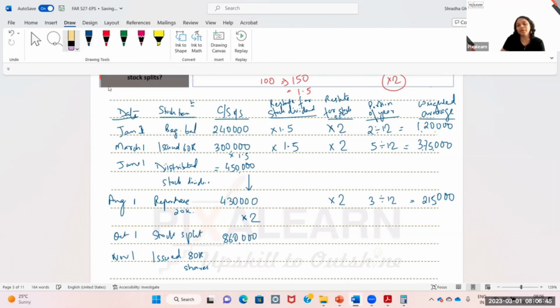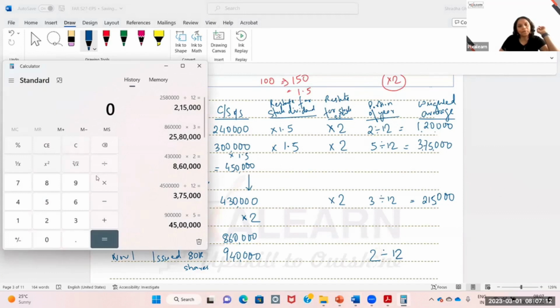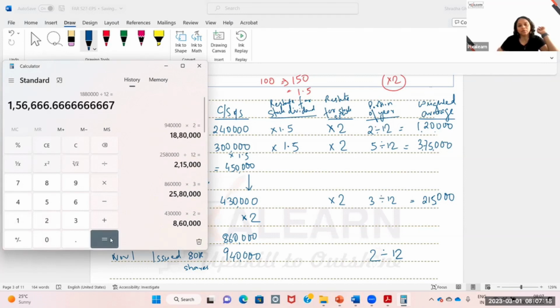This stock split has already happened earlier, right? So I will simply take into 2 divided by 12. How much is it, guys? 940,000 into 2 divided by 12.